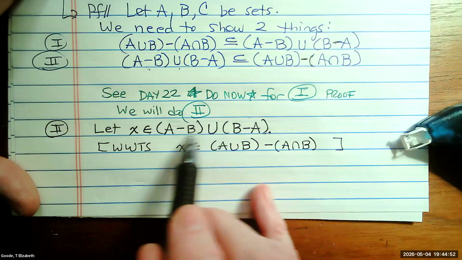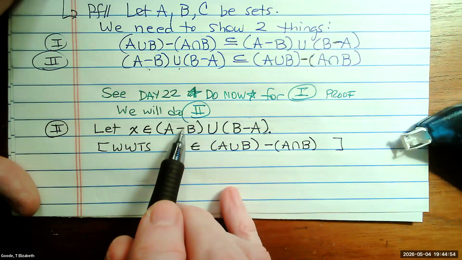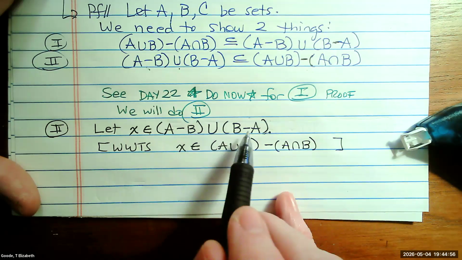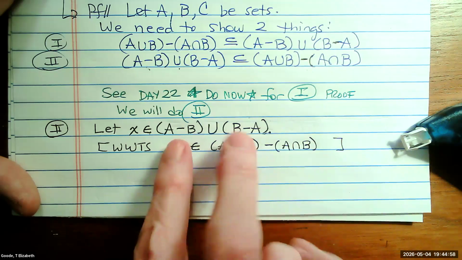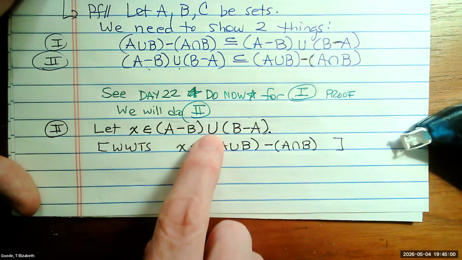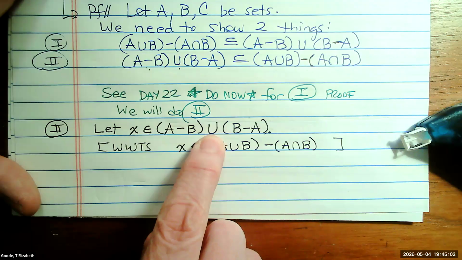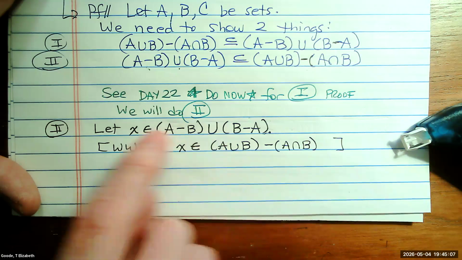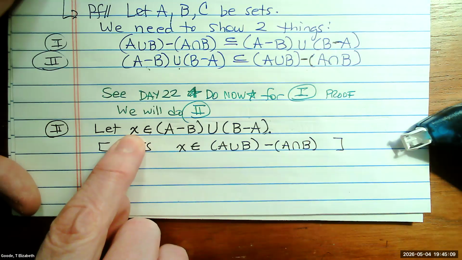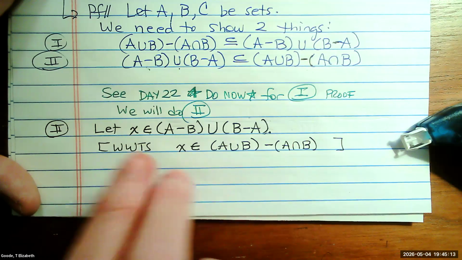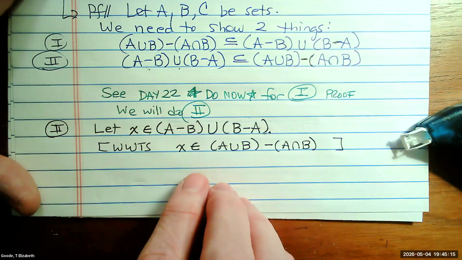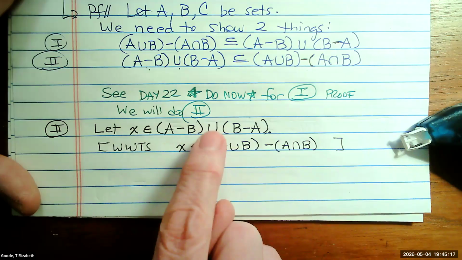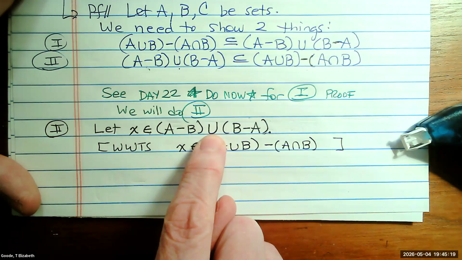If we were building this set, we would first build A minus B and B minus A, and after they were built, then we would take the union of that and find the final answer, right? That's if you're building the set. But if we want to understand what it means to be an element of the set, we're deconstructing the set, and we do that in the opposite order. Start with the last operator first. We break down the union first.